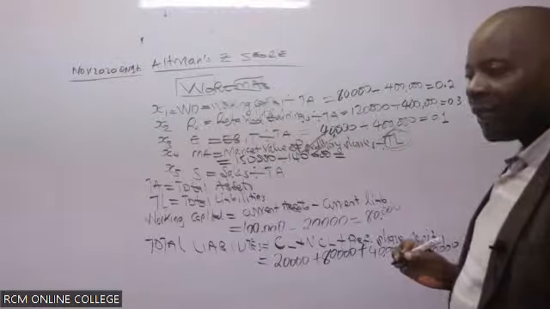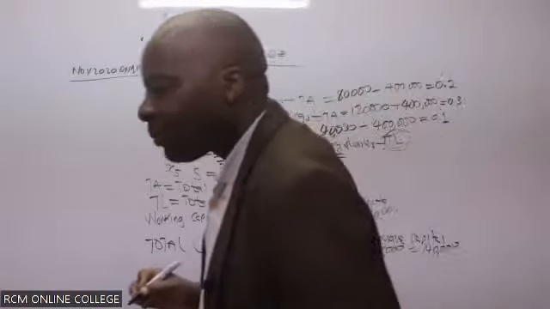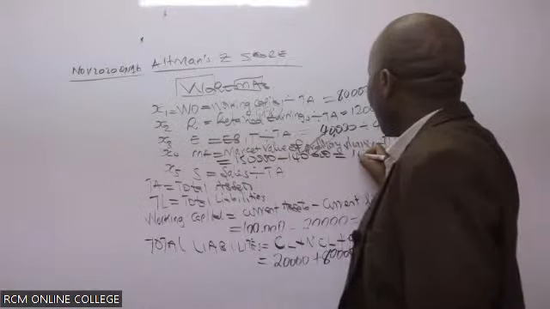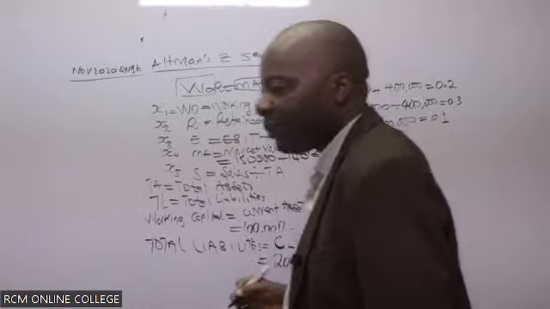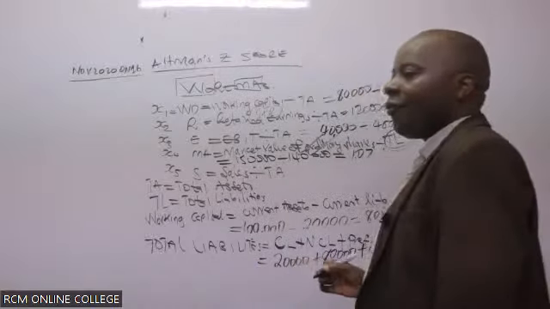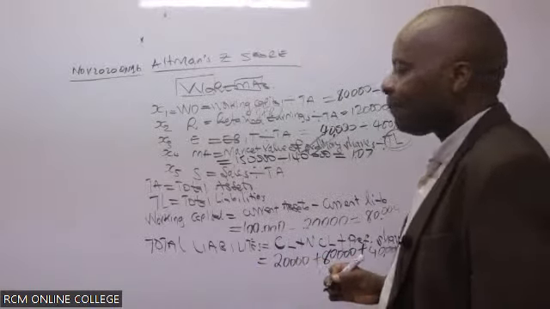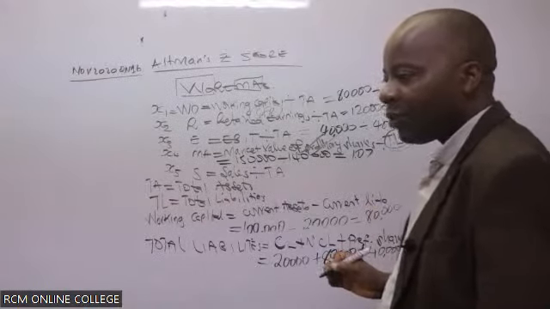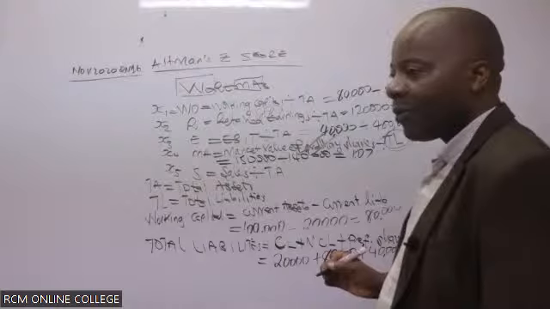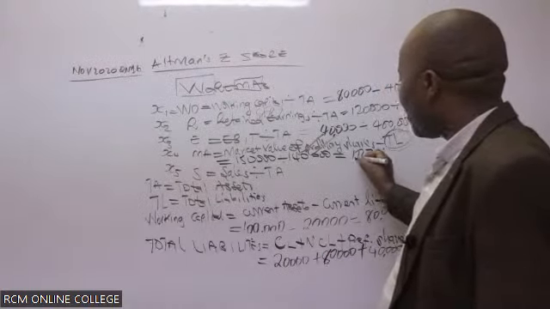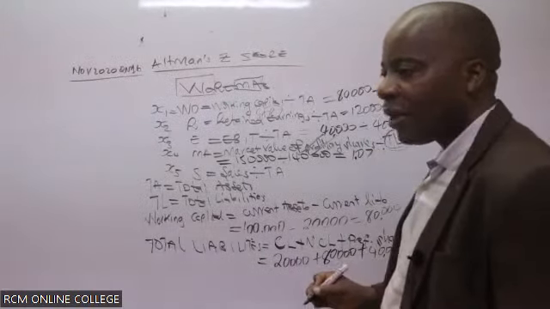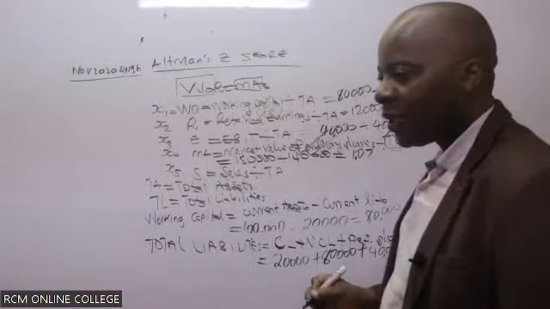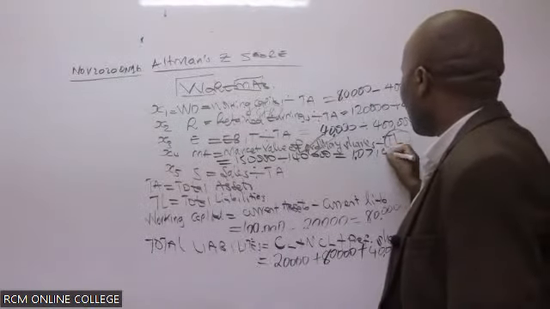According to Phoebe, it is 1.07, and we put four decimal places for this one: 1.0714. Thank you very much.